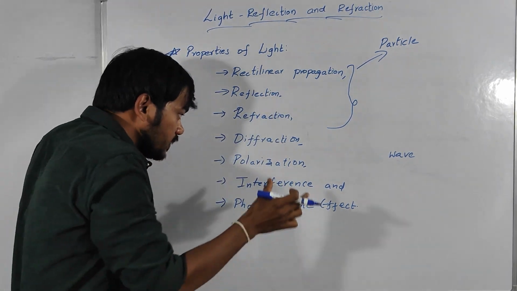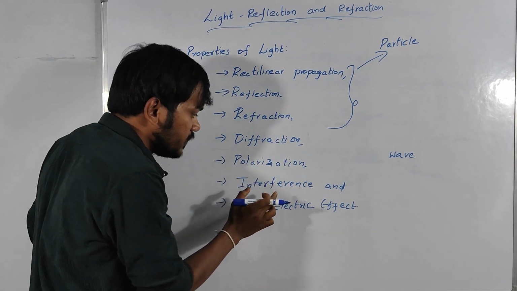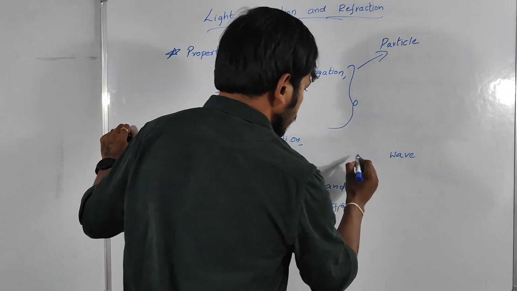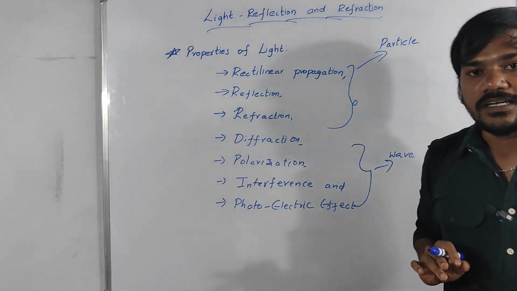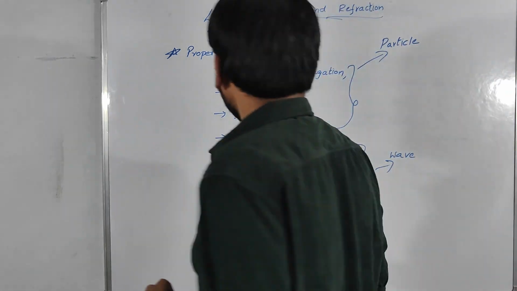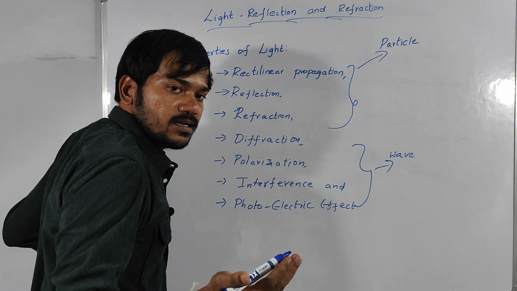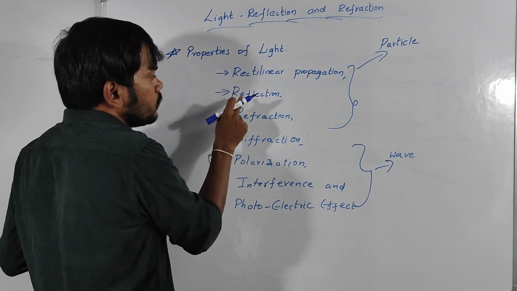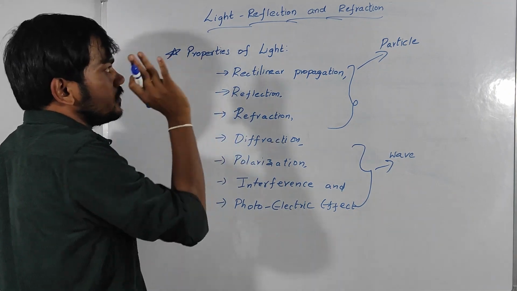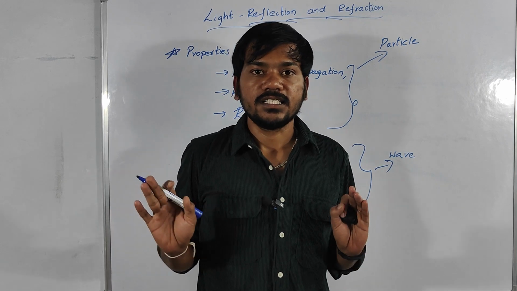And the properties such as diffraction, polarization, interference and photoelectric effect come under the wave nature of light. As stated in the CBSE syllabus of 10th class, we study only rectilinear propagation, reflection and refraction in the light reflection and refraction chapter.